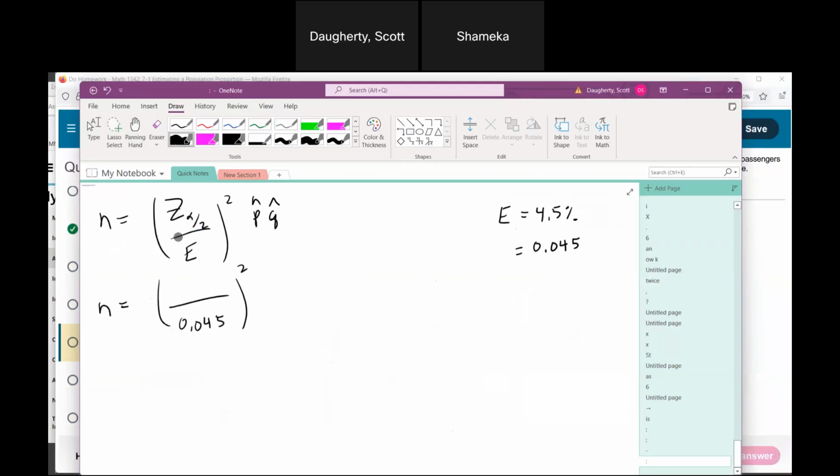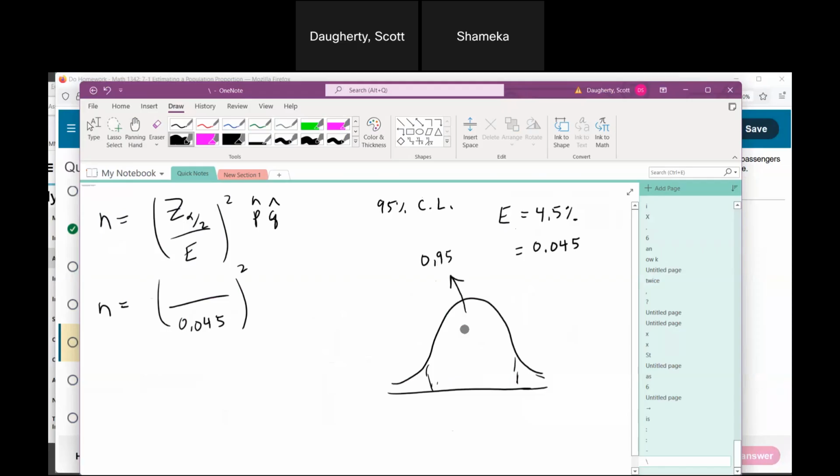Z-score is associated with the level of confidence. So remember, ultimately they want a 95% confidence level. And if you go and do everything we did before, same sort of stuff, you isolate the middle 95%, and then you find alpha.